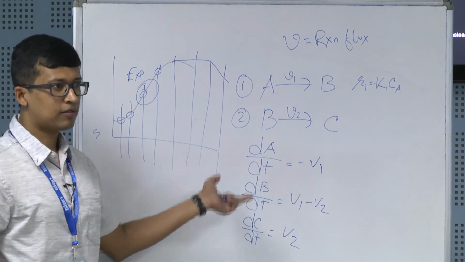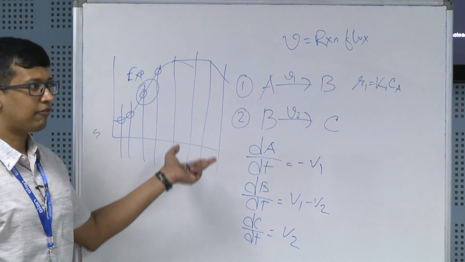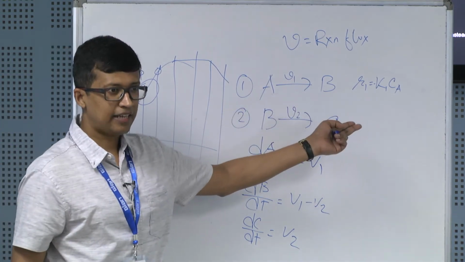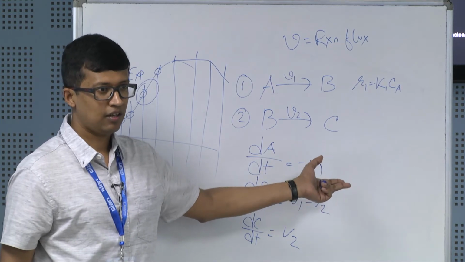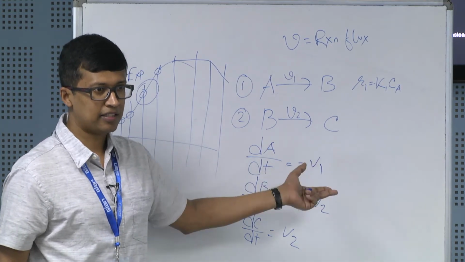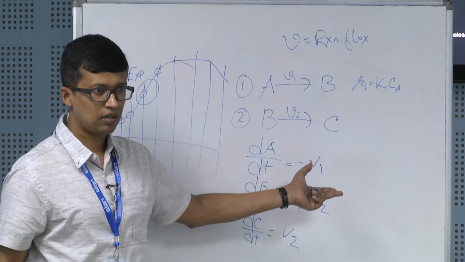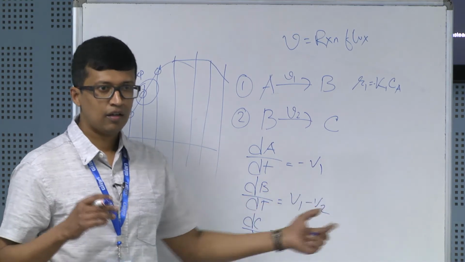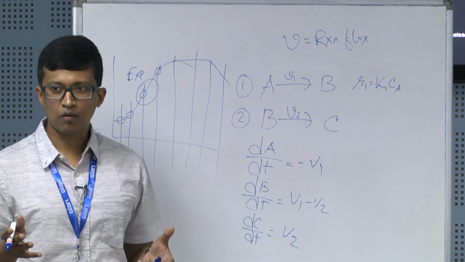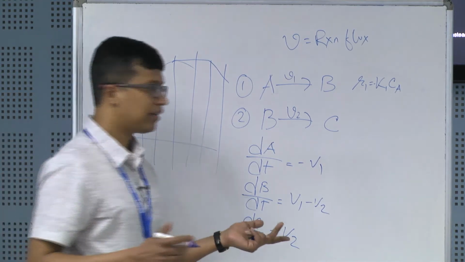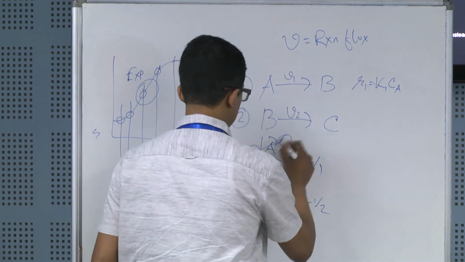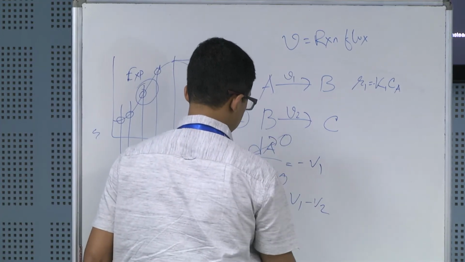Now, you see what's happening here. If you would have used the rate equation here, you have to introduce all these K's and concentration. So, we are simplifying it by saying these are just flux values. What will happen now, as I said, we are operating under pseudo steady state. So, if it is under pseudo steady state, then this is 0, this is 0, this is 0.